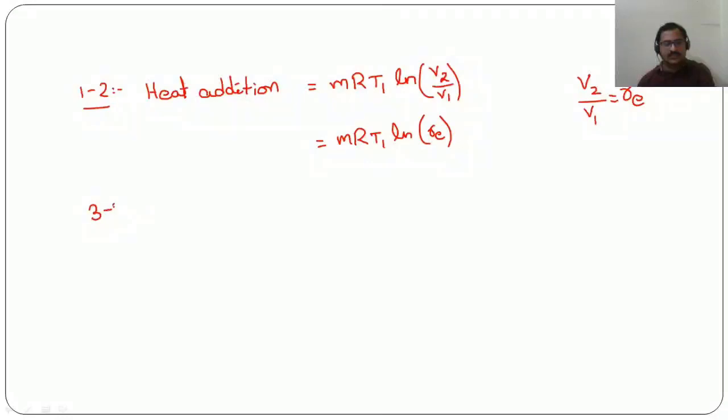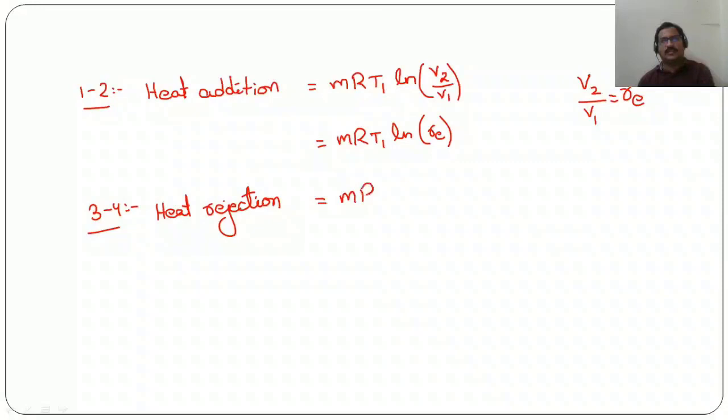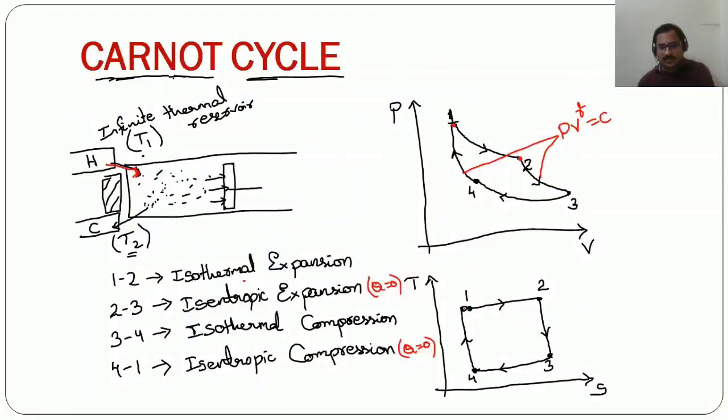Then during process 3 to 4, heat rejection is taking place to the cold body at a temperature T2. So this highest temperature we have considered as T1 and the lowest temperature is T2 here. So this is T1 and this is T2.